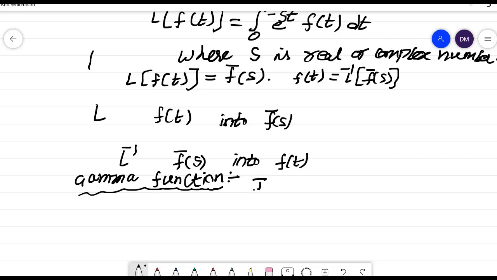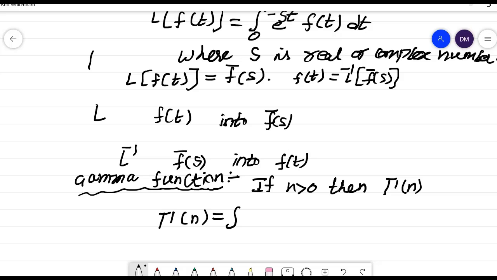If n greater than 0, then gamma function of n is denoted by gamma of n, and is defined as gamma of n is equal to integral 0 to infinity e power minus x into x power n minus 1 into dx. So this is the definition of gamma function.